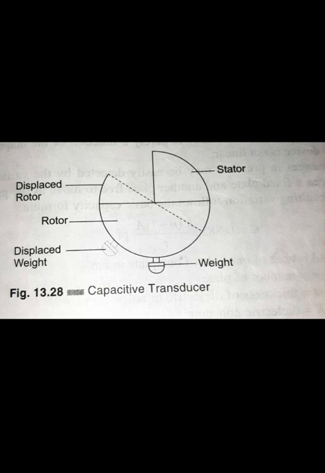In this case the stator is securely attached to the aircraft, and the moving element, the weight of the rotor, keeps its position fixed with reference to the surface of the earth, but the relative position of the plates changes, and this determines the capacitance of the unit.